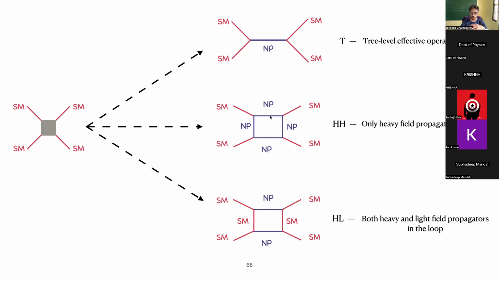Whatever the denominator you get after calculating the loop momentum, that denominator will be a function of the light loop momentum, the external momentum, and the heavy mass. You write it as the light internal momentum plus some external momentum squared plus some m squared.